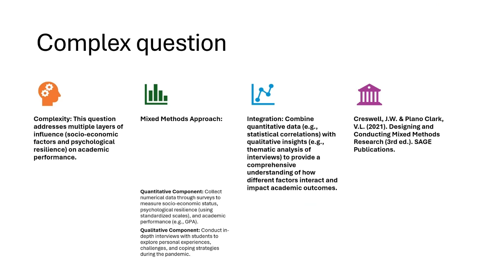And then when the integration takes place, we combine the quantitative data, for example the statistical correlations, with the qualitative insights to provide a comprehensive understanding of the different factors and their interaction and impact on academic outcomes. So in this example, you can see it's quite a complex set of questions in one.